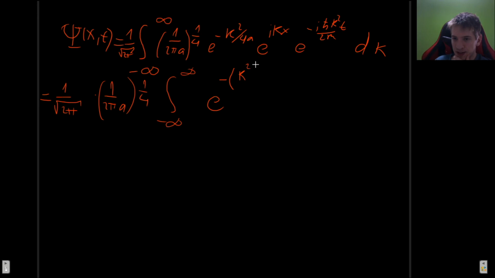So k squared times 1 divided by 4a, which is positive because the minus is now outside, plus i h bar t divided by m. Okay, and then we have this right here, so minus i a x dk.